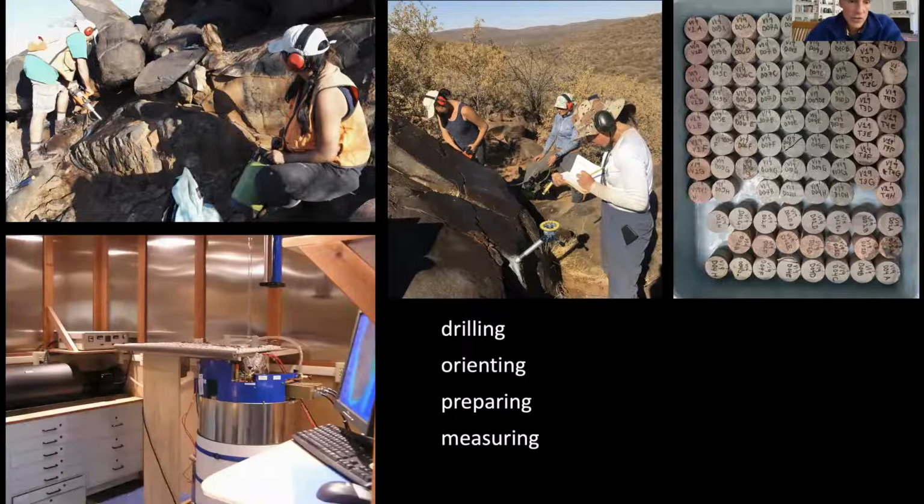Then we insert it into our magnetometer in the laboratory at Yale University, and we can measure the magnetic directions of rocks that don't normally seem to be visibly or tangibly magnetic.